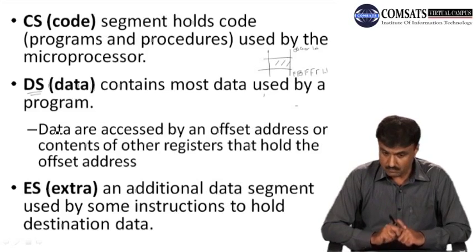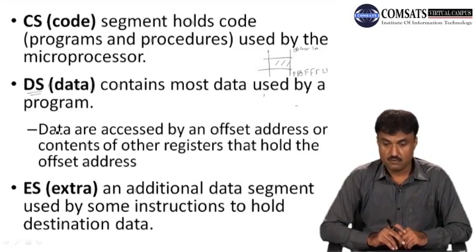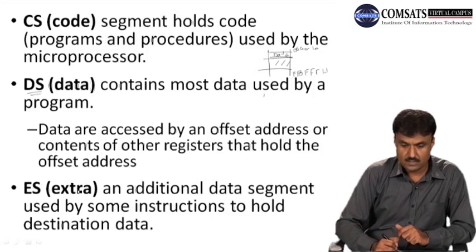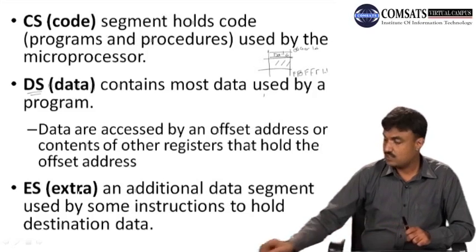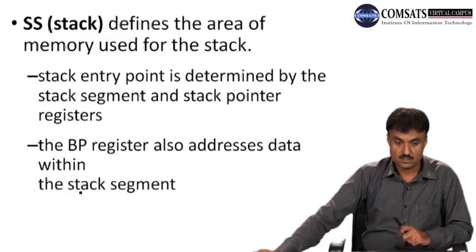We use this register if we want to access the area where our data is stored. That area is called the data segment. Similarly, there is the extra segment, an additional data segment used by some instructions to hold destination data. We will use it to store temporary data.